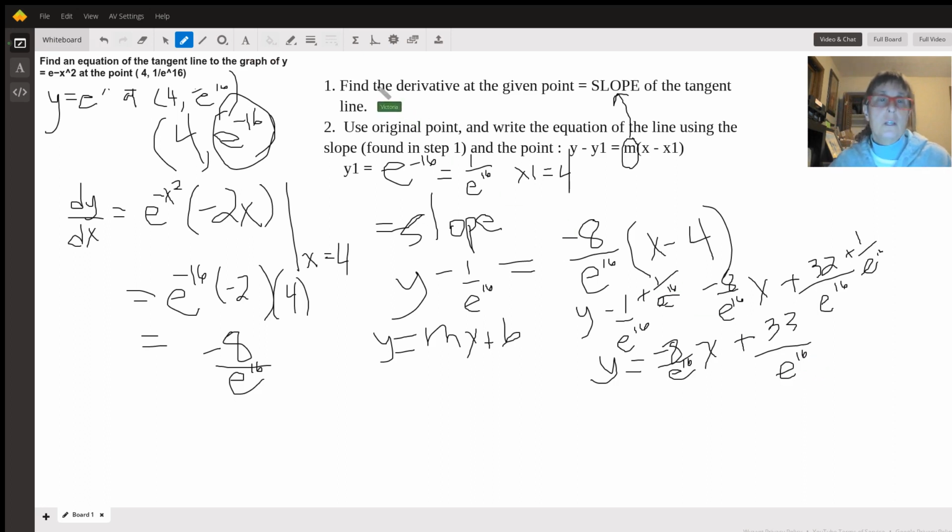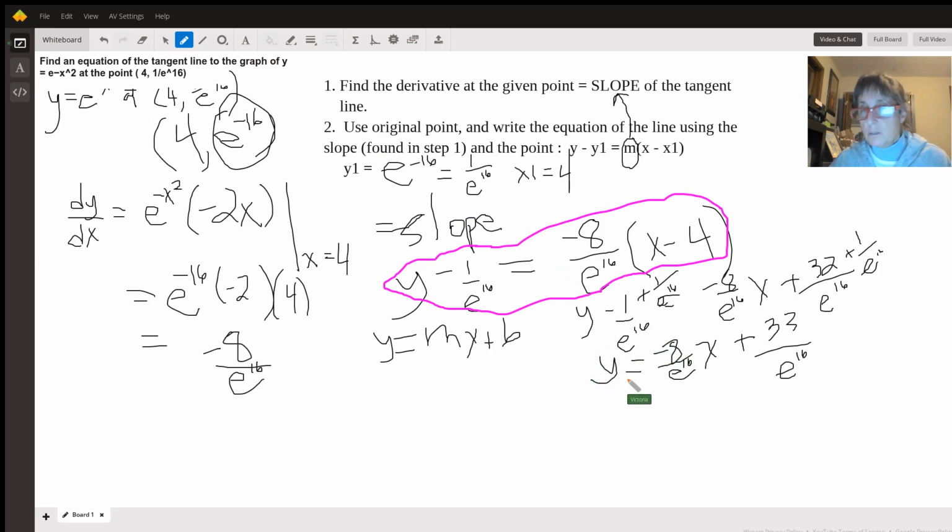And so here it is, this is point slope form here in purple or pink, whatever this color is. And if you simplify it from there, and you need it in slope-intercept form, that is this one right here, where this is the slope and this is the intercept.